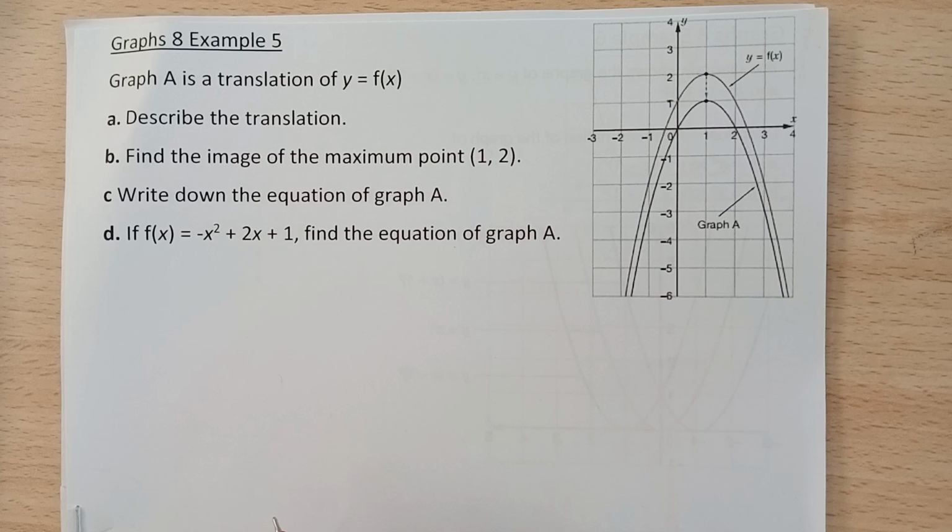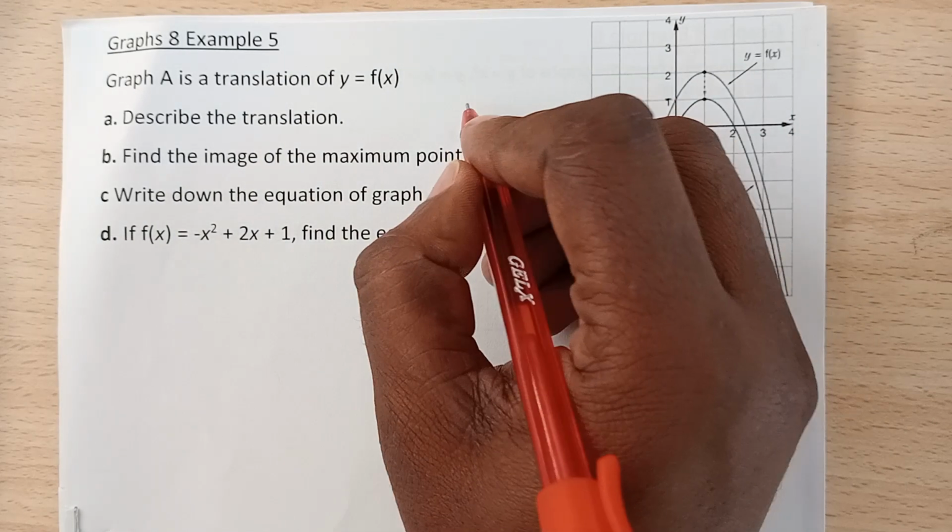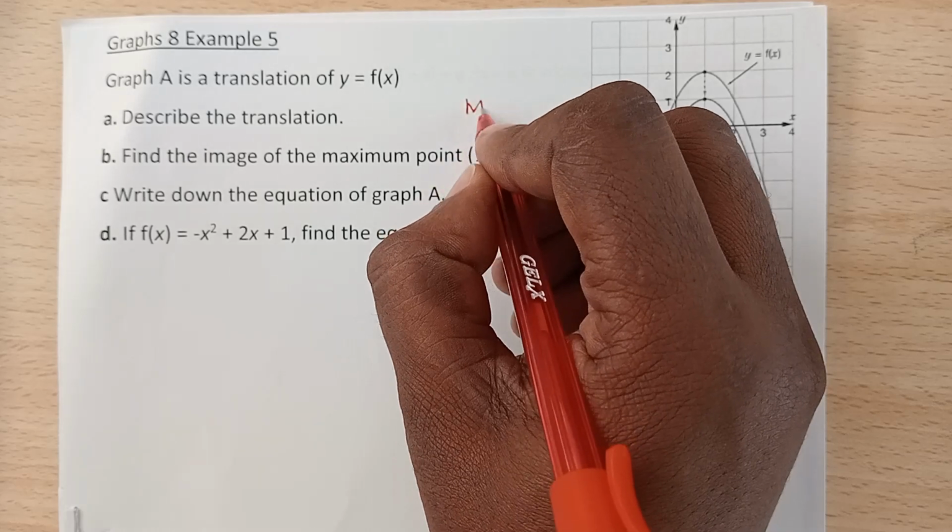In this video I want us to explain example 5 of graphs 8. We are still looking at transformation, and in the previous video we introduced a summary of transformation. I just want to write it here. It's called the Mayo table.